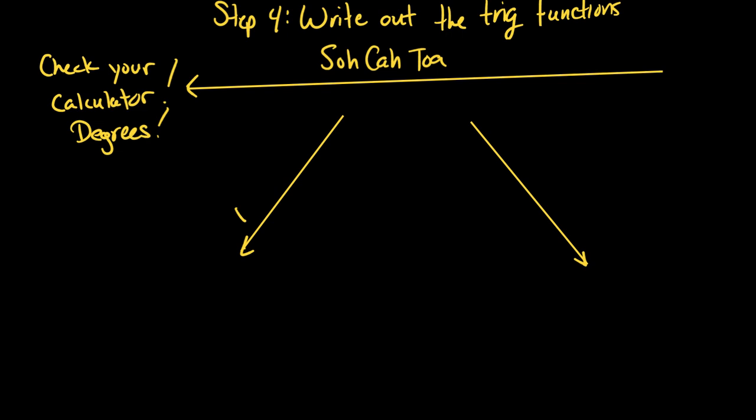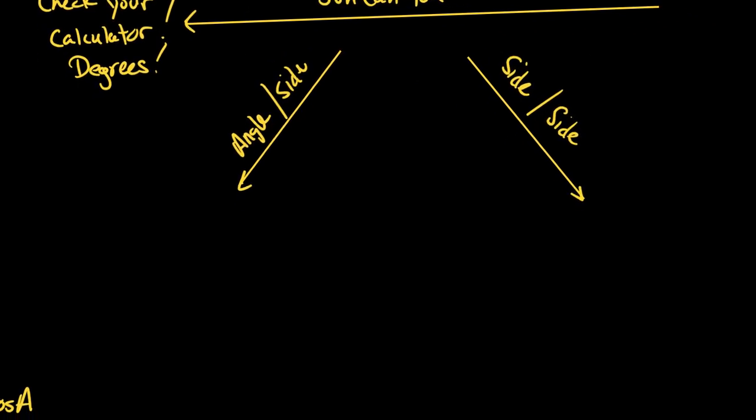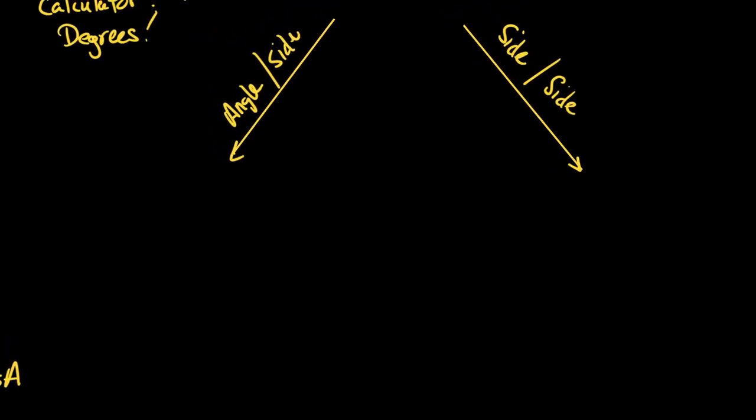So there's the way where you have an angle and a side, and the way to go if you have 2 sides. All right? So let's do the angle side one first. So this will be step 5.